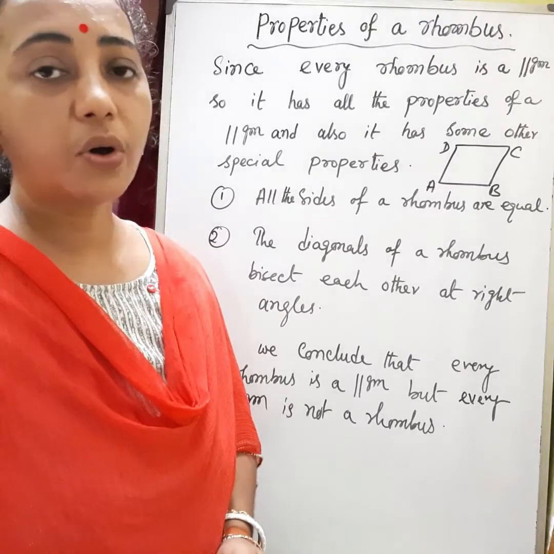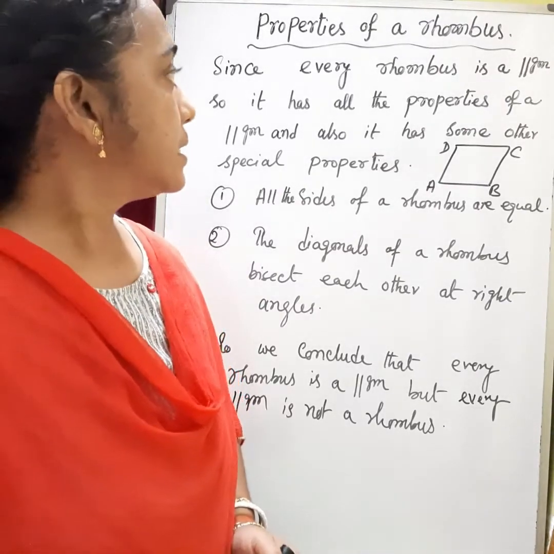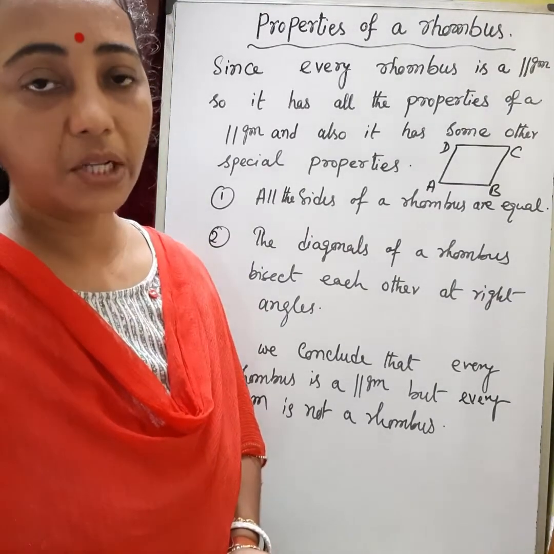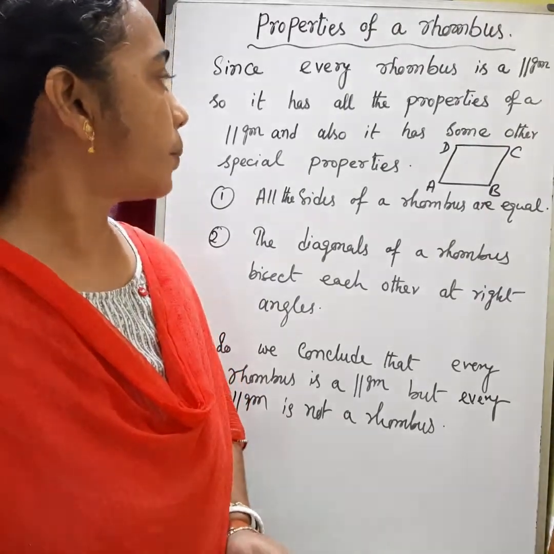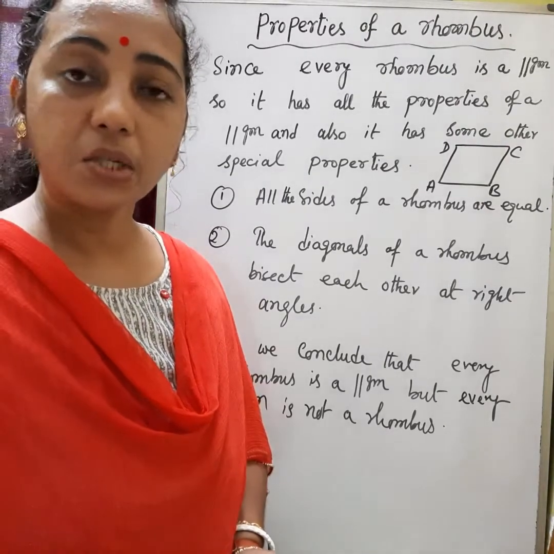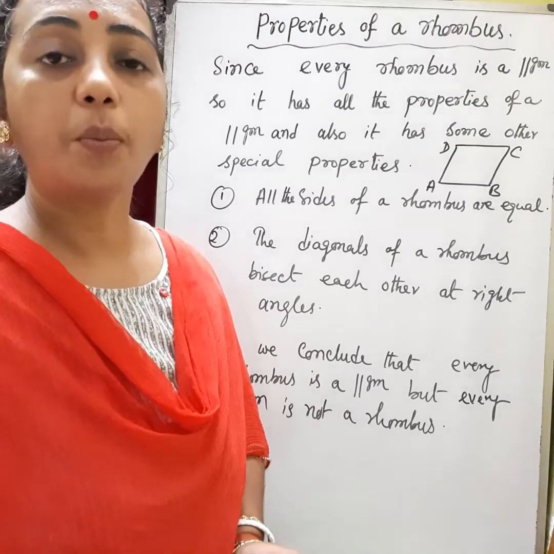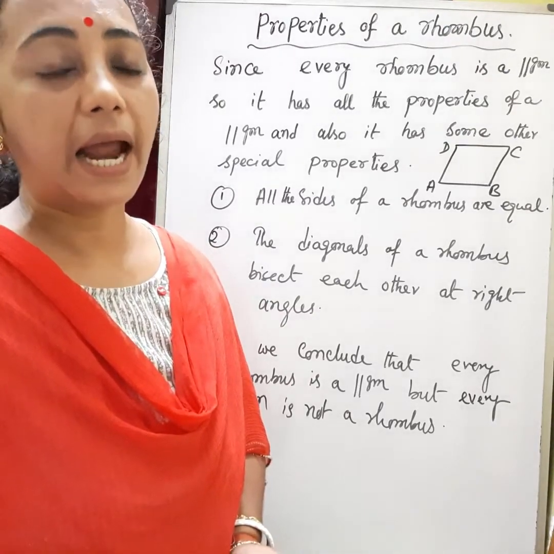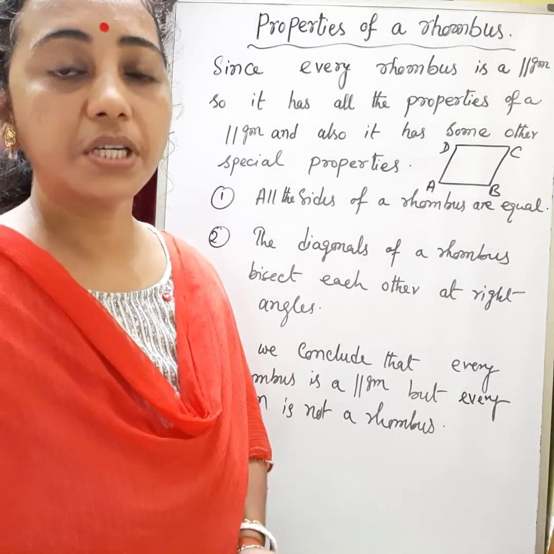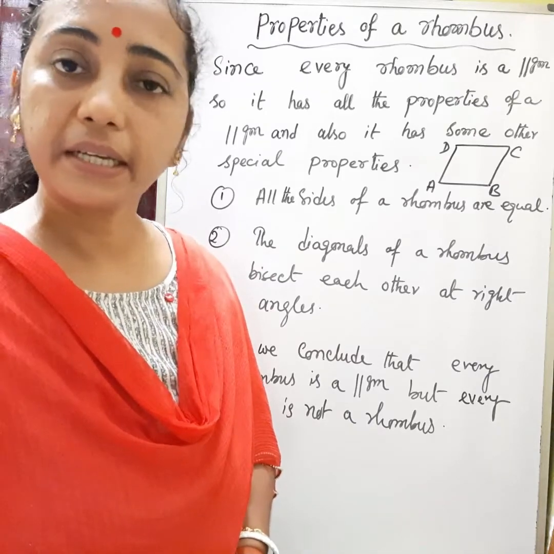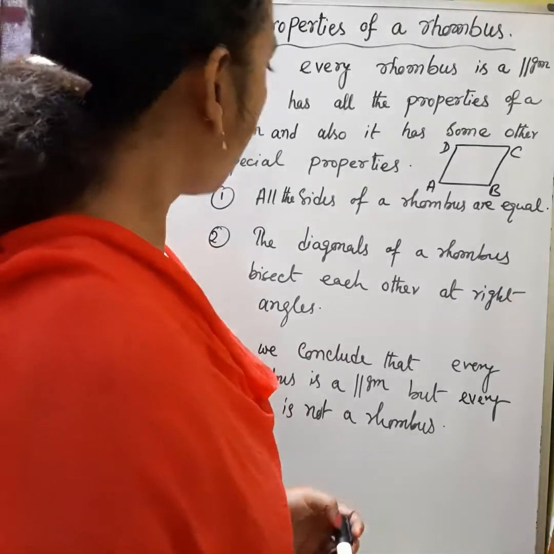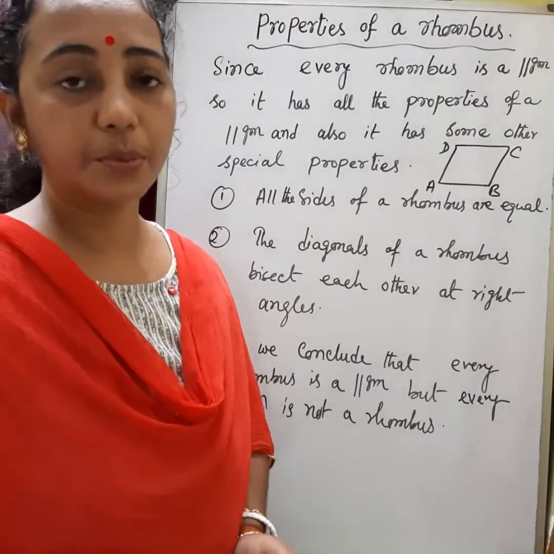So let us know about the properties of a rhombus. Since every rhombus is a parallelogram, so it has all the properties of a parallelogram. That is, opposite sides are equal, opposite angles are equal, the adjacent angles are supplementary, and diagonals bisect each other. And also it has some other special properties.